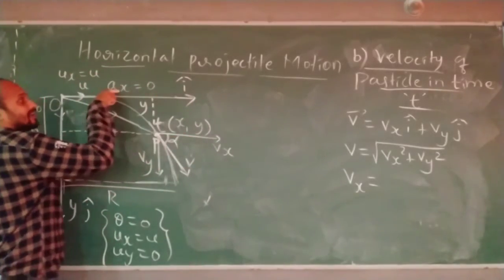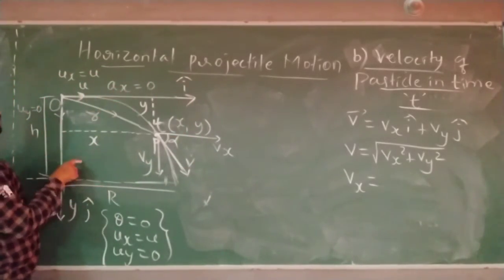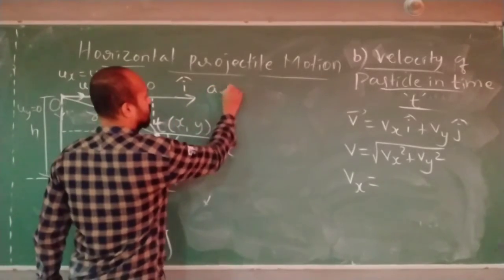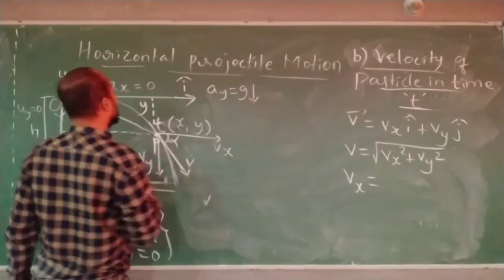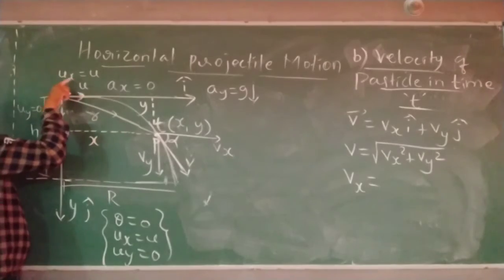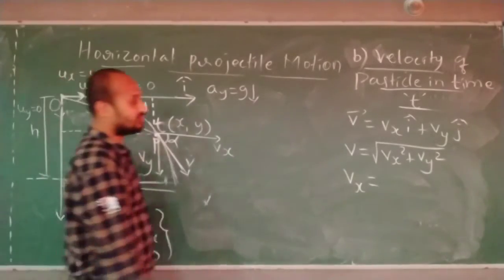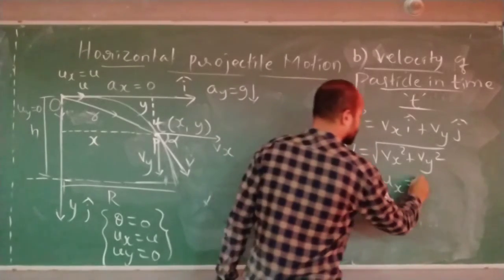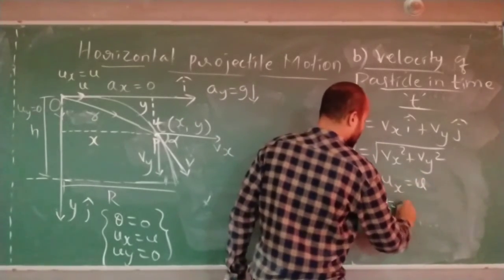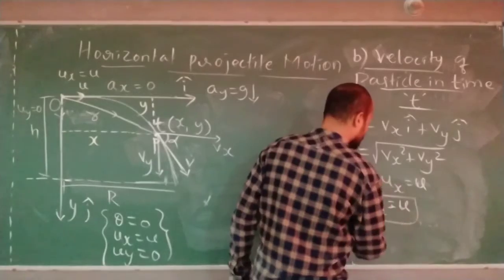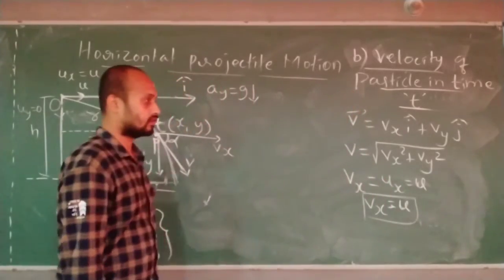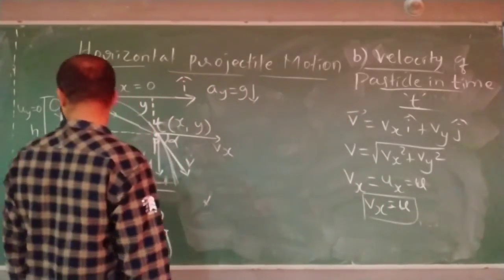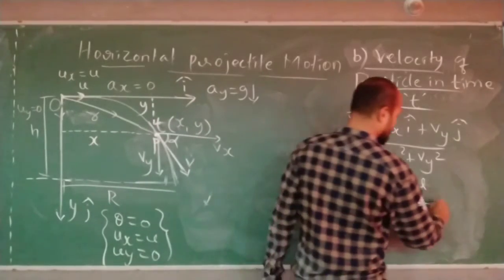Along x there is no acceleration acting; the acceleration g acts downward along y. So Vx will be equal to ux, which is equal to u. So Vx is equal to u. This is equation 1.